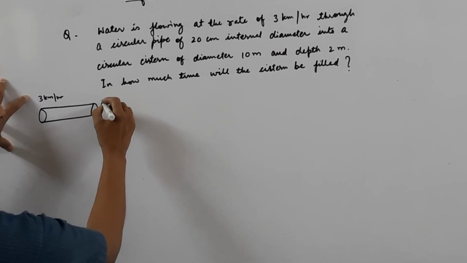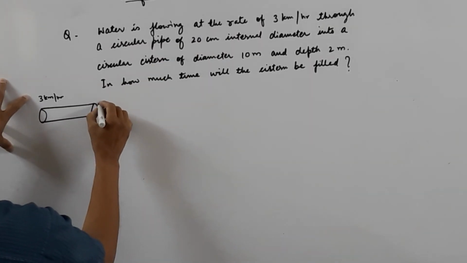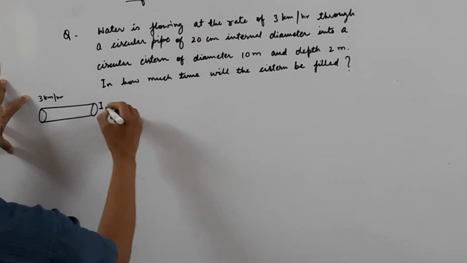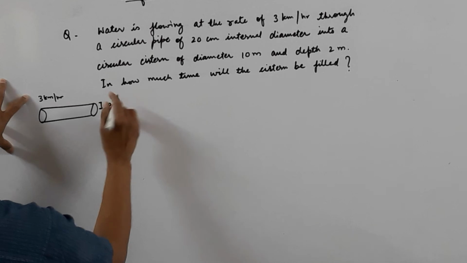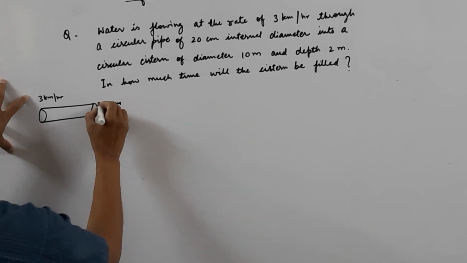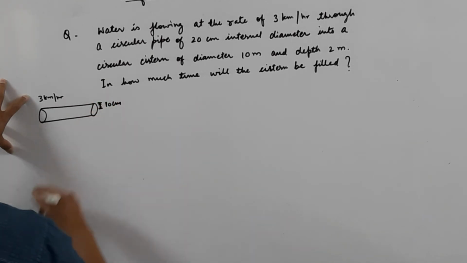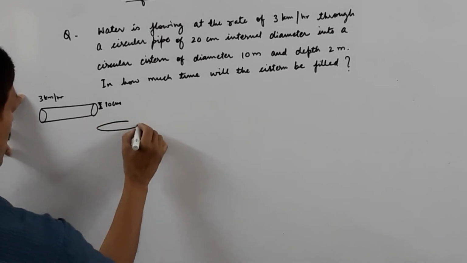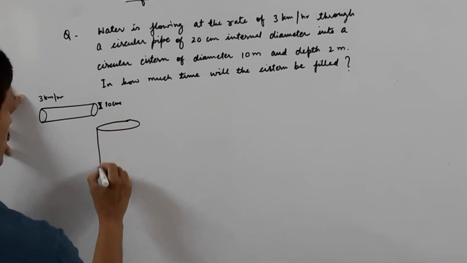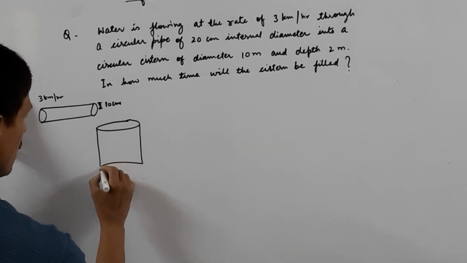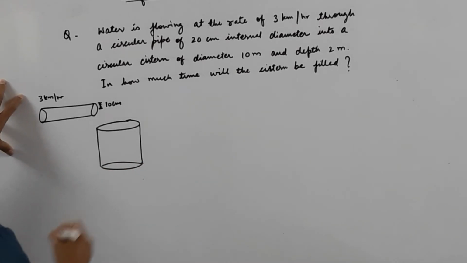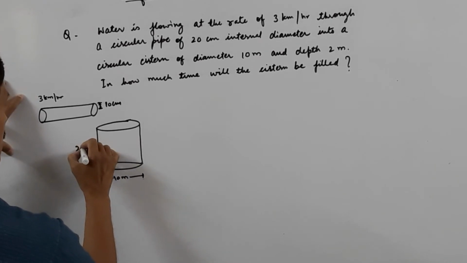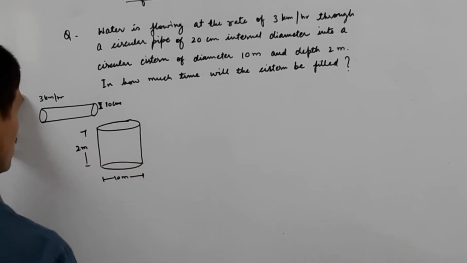Its internal diameter is 20 centimeter, so radius is 10 centimeter. The water is filled in a circular cistern of diameter 10 meter and height 2 meter.